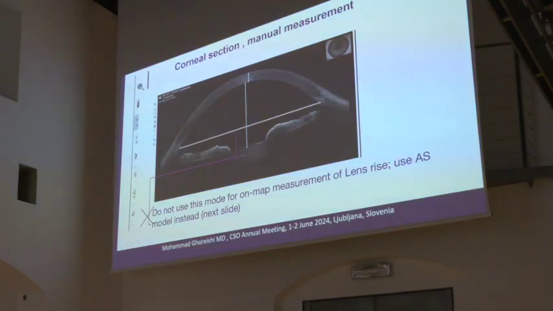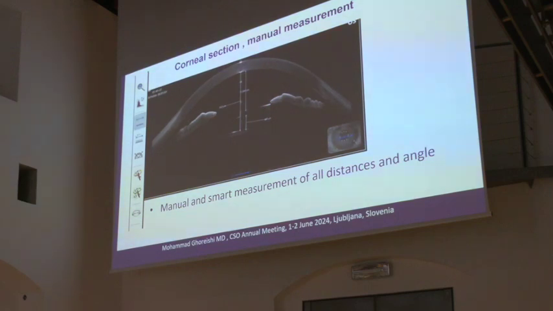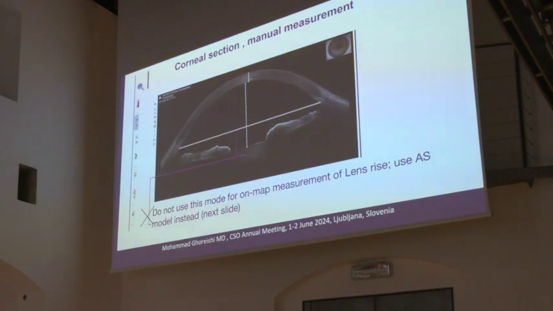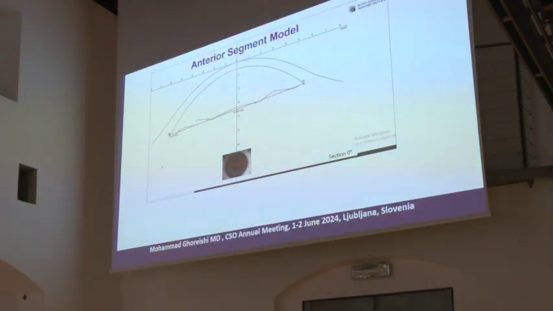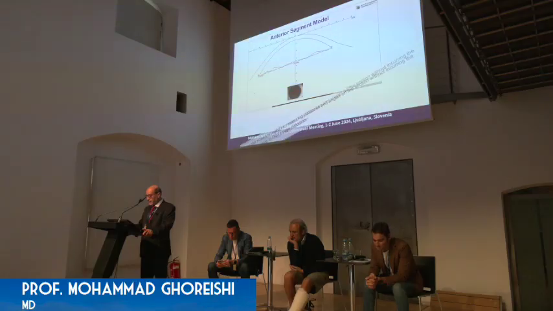And this is an ICL with a good vault. Do not use this mode for the crystalline lens rise, as I mentioned before. Instead, you can use the anterior segment map for measuring the crystalline lens rise, and this is okay.